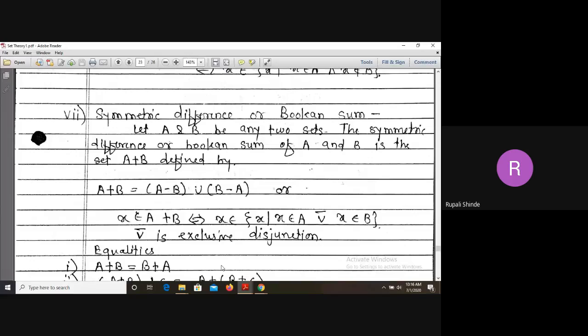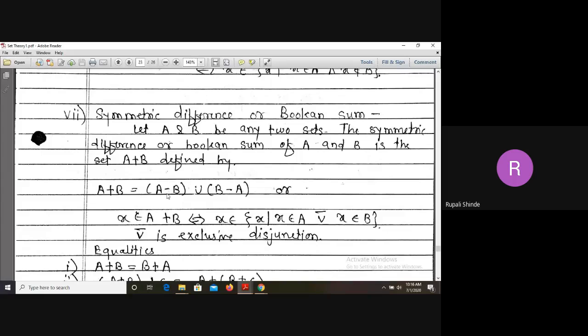So today we have to see symmetric difference operation. So this symmetric difference, there are two different sets A and B. Then symmetric difference is represented as A plus B. So this is equals to A minus B union B minus A. Again we have seen what is this minus operation.